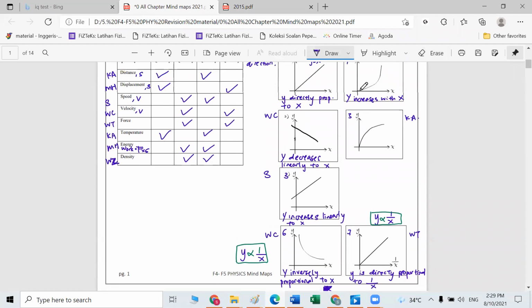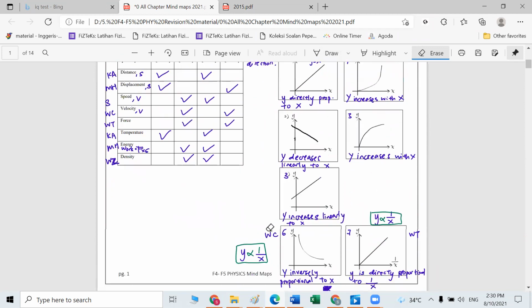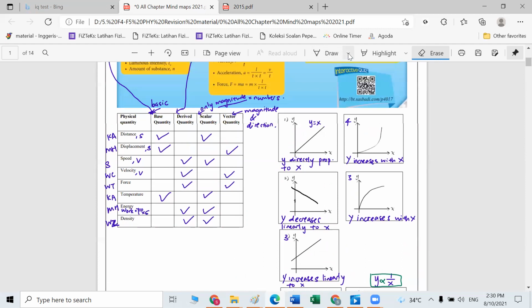Okay, so number 4 and 5 also the same: y increases with x. But the difference is, normally Form 5 won't ask this. Maybe the next level. The difference is here. Look at the gradient.